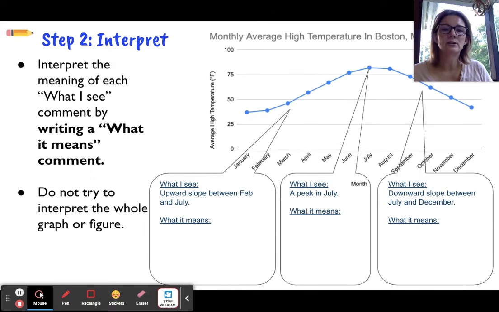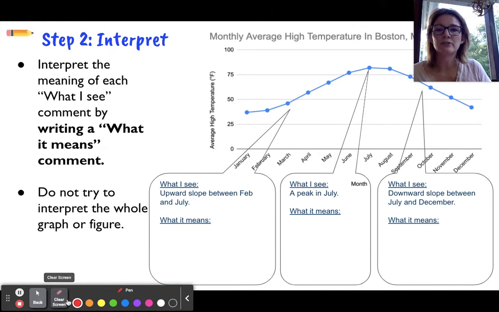Now we're going to go back to each of those "what I see" comments and add in a "what it means." That's the to-do here. Again, we're not interpreting the whole graph, just focusing on those "what I see" statements. For the first one, the upward slope between February and July, what does that mean?